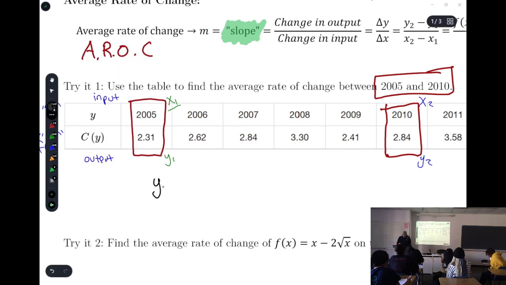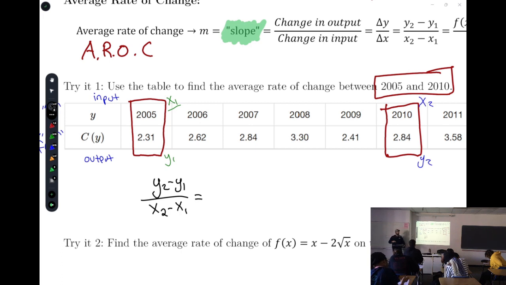So Y2 minus Y1 over X2 minus X1, and we just slot them in where they go. Average rate of change, right? Or slope. If you want to call it the slope equation, you can.